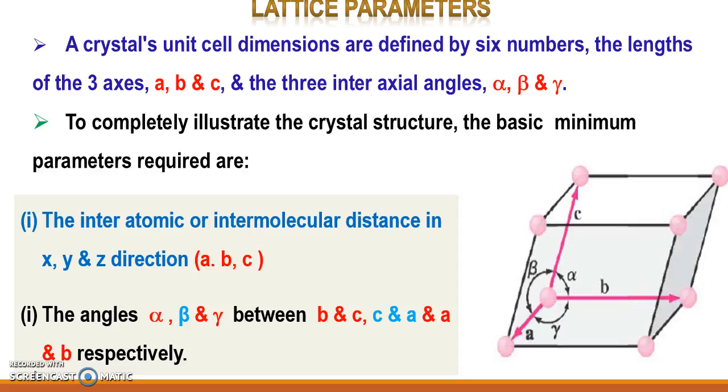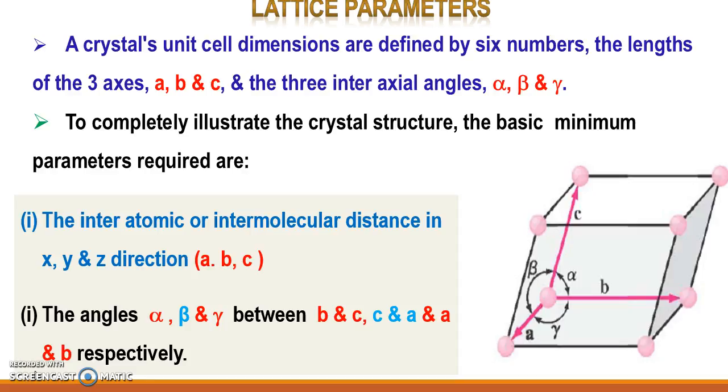Now we define what the lattice parameters are. The crystal's unit cell dimensions are defined by 6 numbers, that is, the lengths of the 3 axes A, B and C and the 3 interaxial angles alpha, beta and gamma.